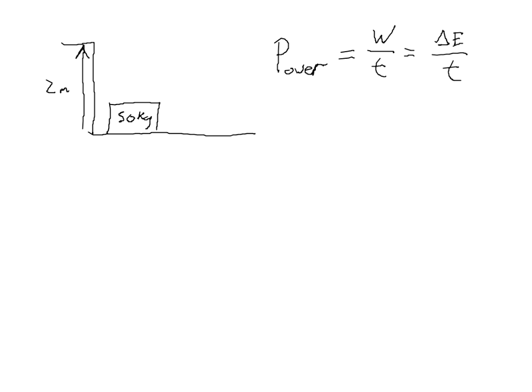So in the case of moving these books, if it takes me 5 seconds, then I'm dividing by a small t, so I would have a large power. But if it takes me 5 minutes, then I would be dividing by a large t, and my power would be less.